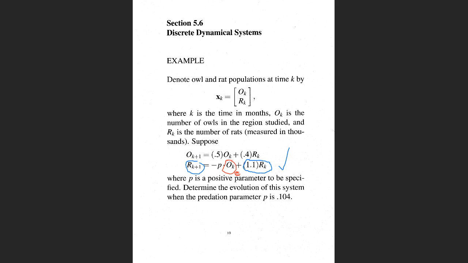Does that make sense? Why would that make sense? Why would the rat population grow if there are no owls present?